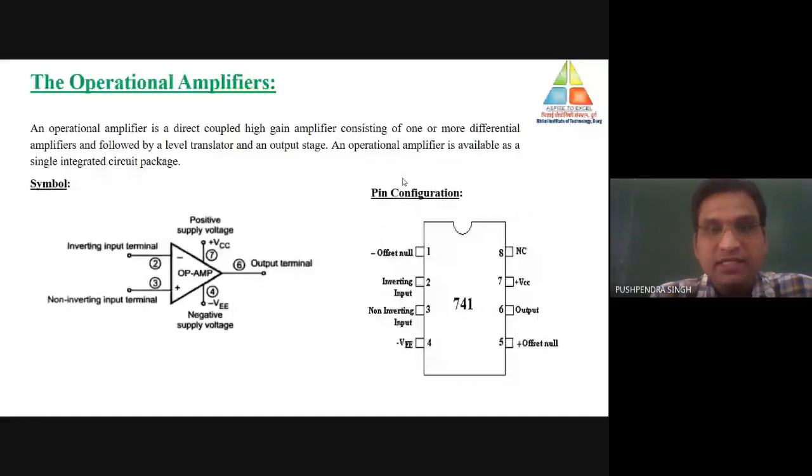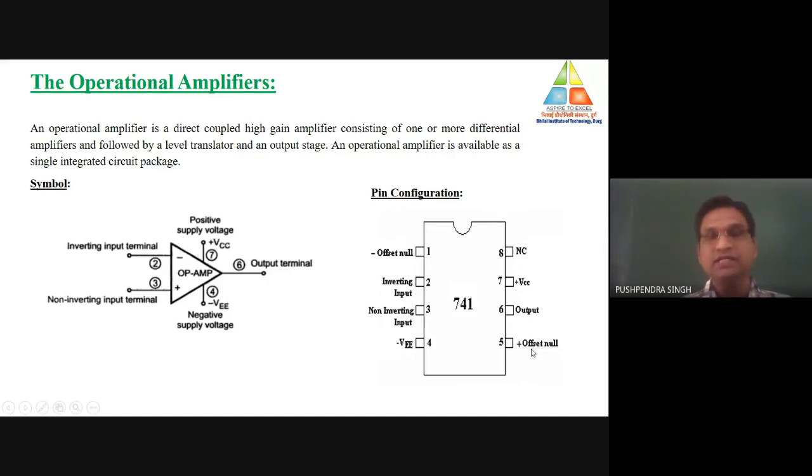So operational amplifier is an 8-pin IC. It can also be designed with 14 pins, but the operational amplifier which we use commercially and in the laboratory is of 8 pins. Pin number 1 and pin number 5 are used for offset purposes.